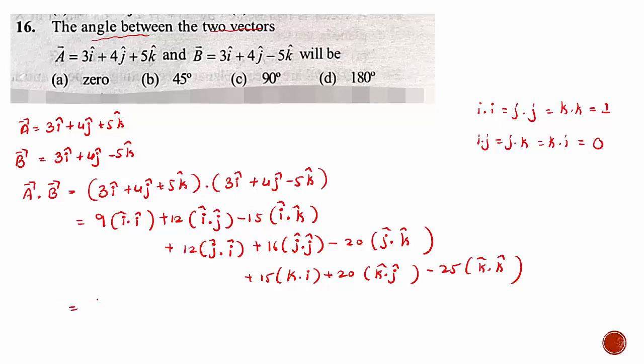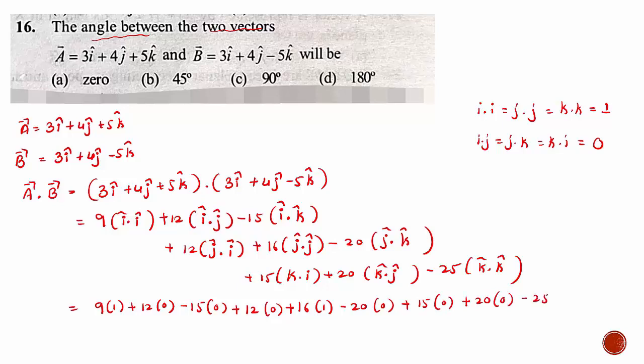Now substitute all the values here: 9 into 1 plus 12 into 0 minus 15 into 0 plus 12 into 0 plus 16 into 1 minus 20 into 0 plus 15 into 0 plus 20 into 0 minus 25 into 1. What is the final answer? 9 plus 16 minus 25, so 25 minus 25 is equal to 0. We got the final answer as 0.